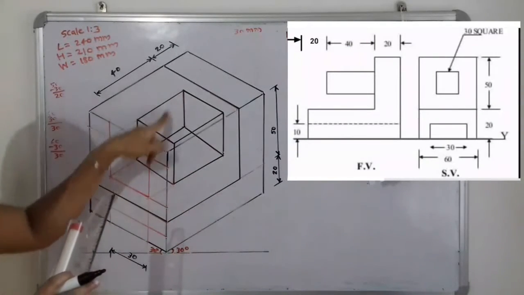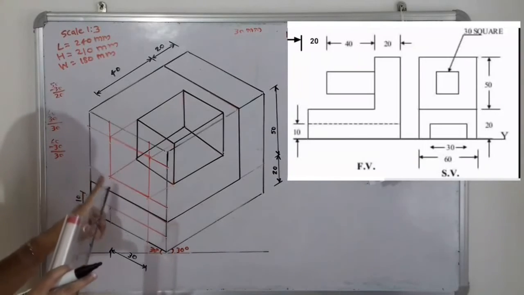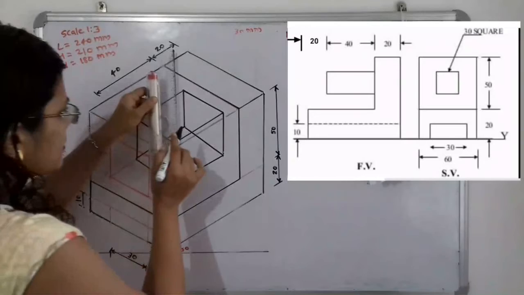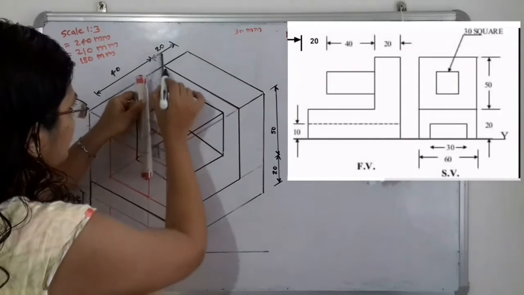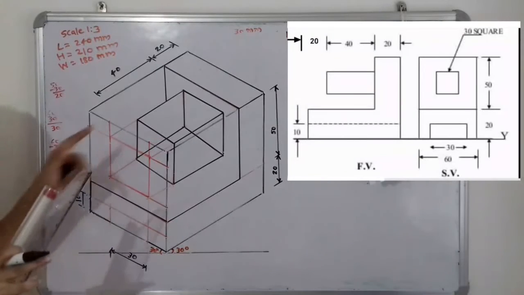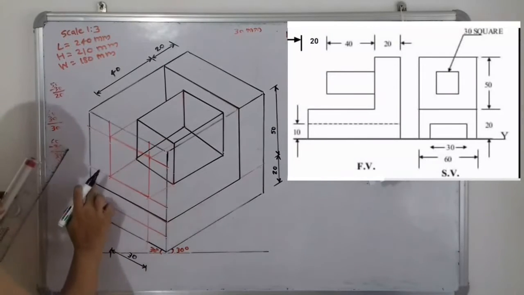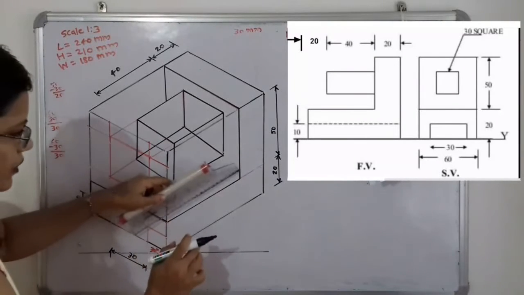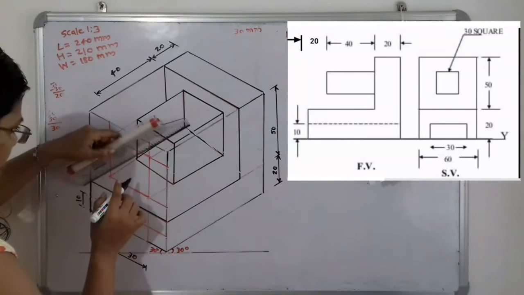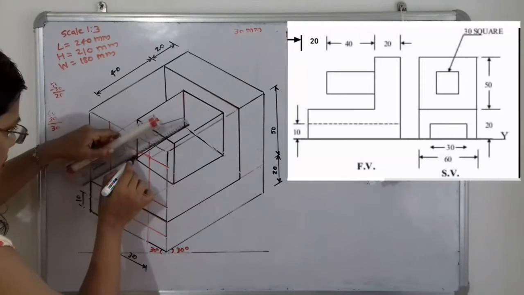Now we have to just complete the projection of base. So here we have to complete it. So how to complete it? So take the lines parallel to this, and here is the construction. So up to that construction we have to complete this. Now from this point up to the end we have to also complete here. So from this line we have to take here.